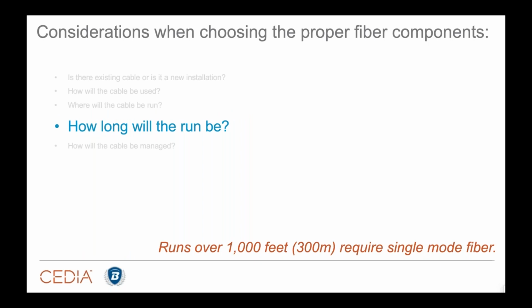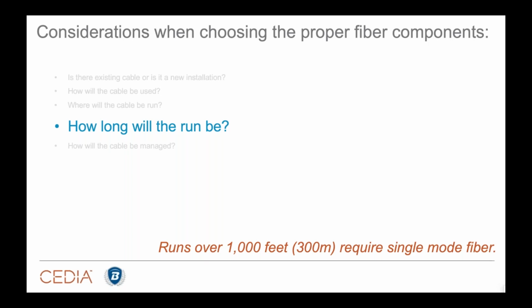How long will the run be? How far are we trying to send signals? And this one's pretty important too, and we see this issue play into a lot of the cable construction that we do. There are two types of fiber, as I mentioned, multi-mode and single mode. Anything that's going over about 1,000 feet, you need to think about single mode fiber optic cable.